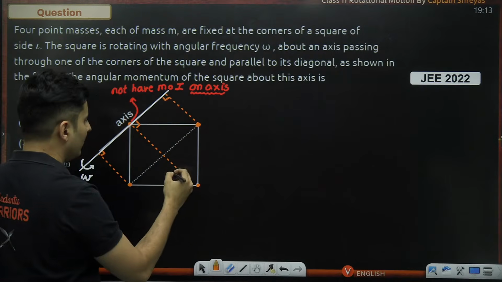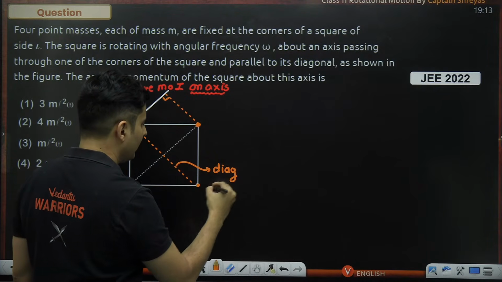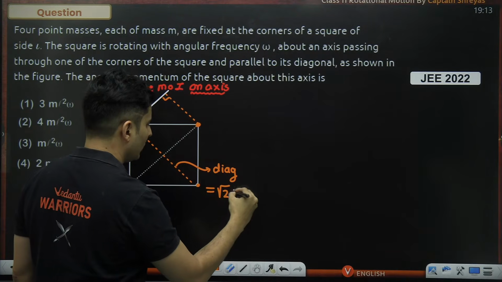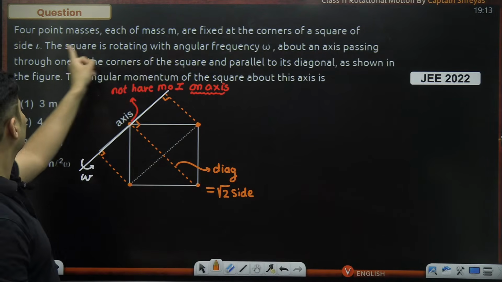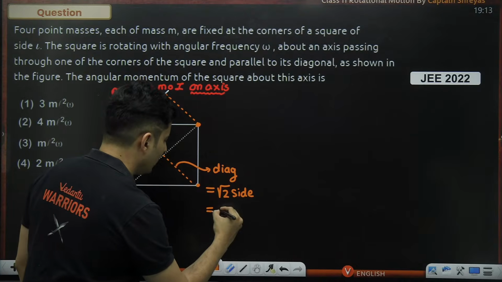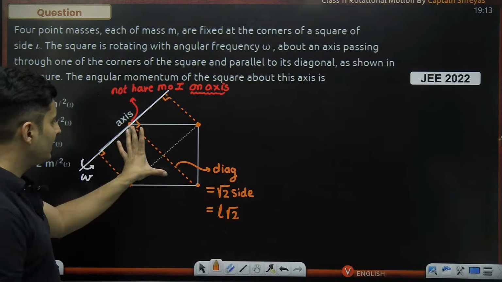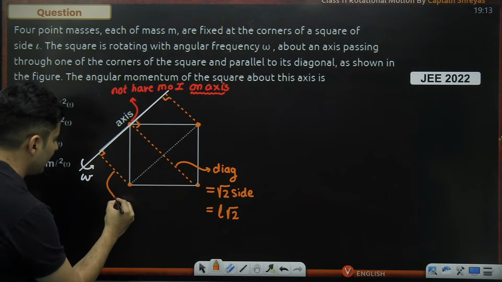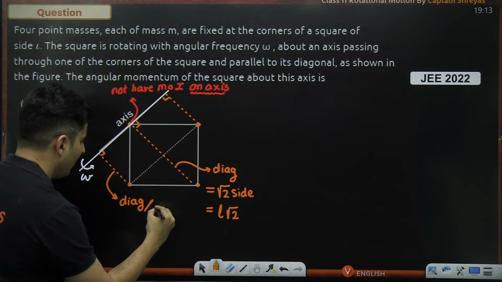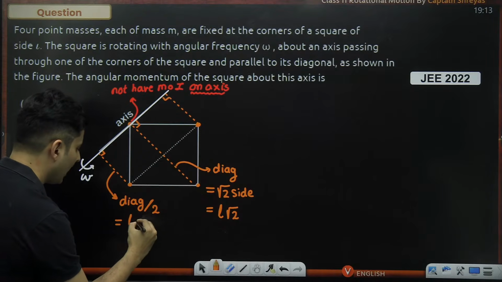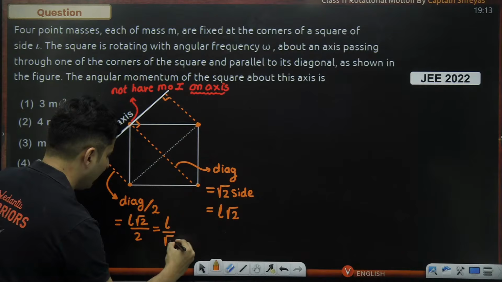The diagonal of a square is root 2 times the side, and the side length is mentioned: corners of a square of side length L. So it will be nothing but L times root 2. So if this is L root 2, how much will this be? This will be basically the diagonal divided by 2. Therefore, it will be L root 2 divided by 2, which is basically L by root 2.